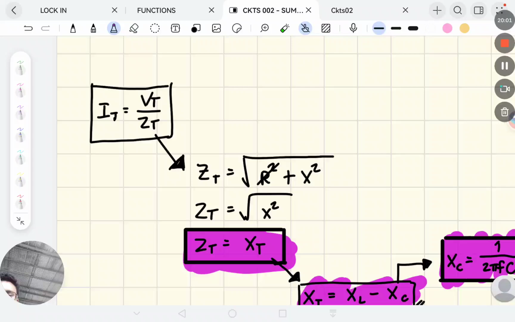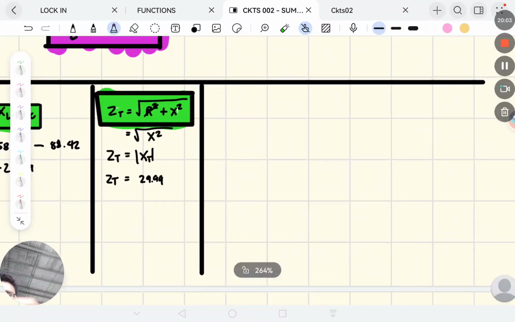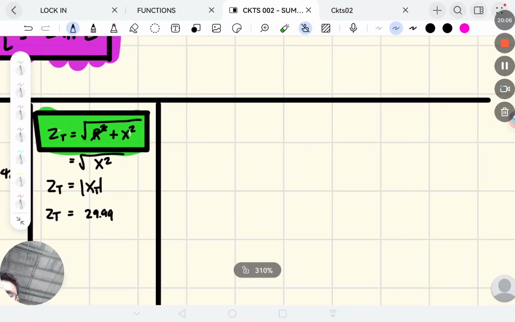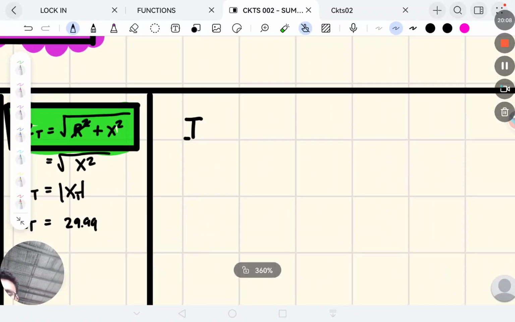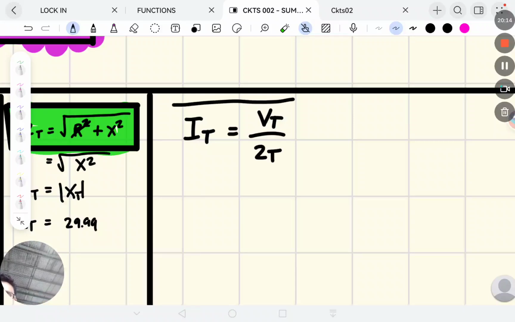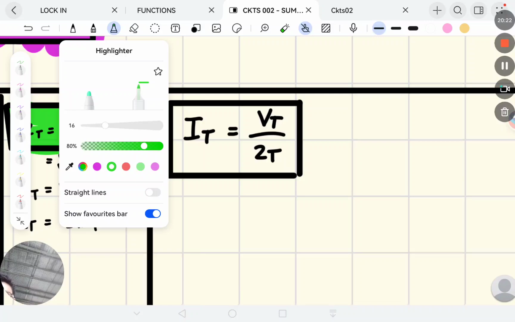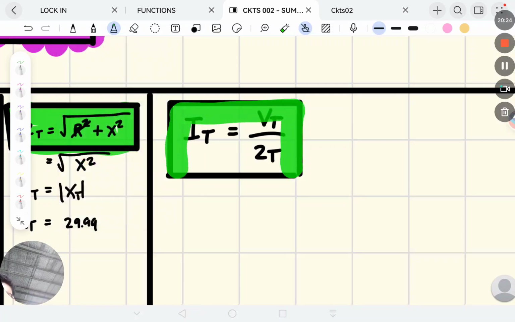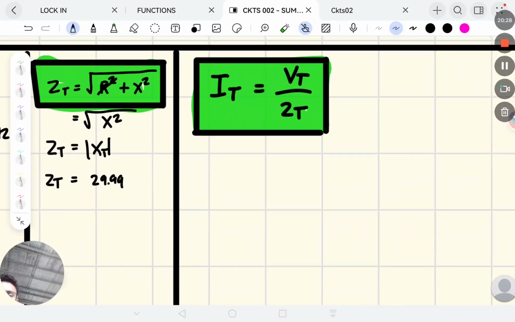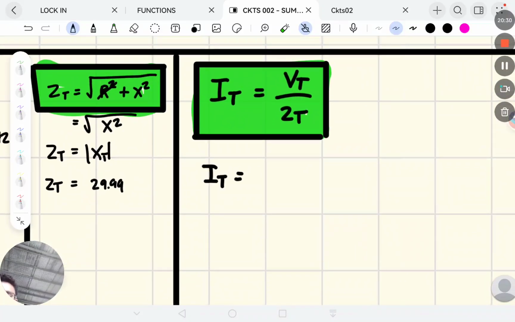Next is Ohm's law. We can finally find the total current, which is VT over ZT. Meron na tayong complete values.